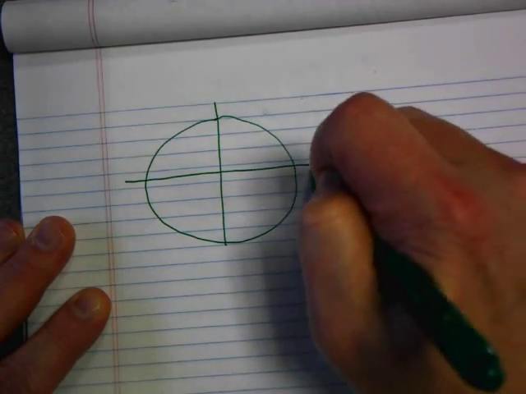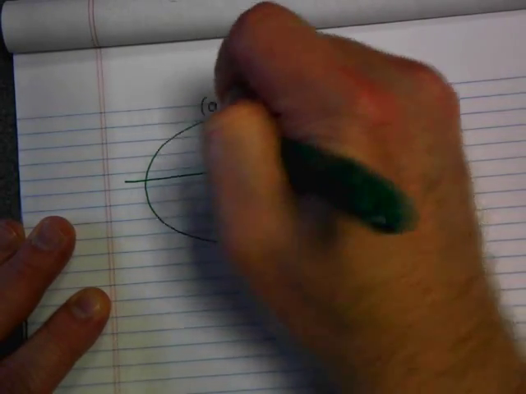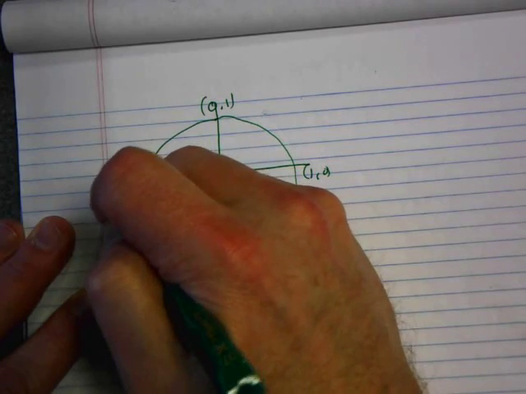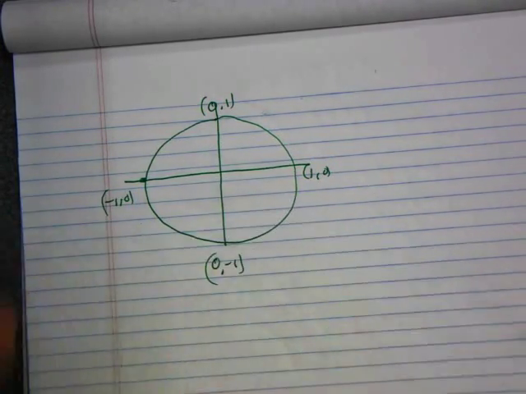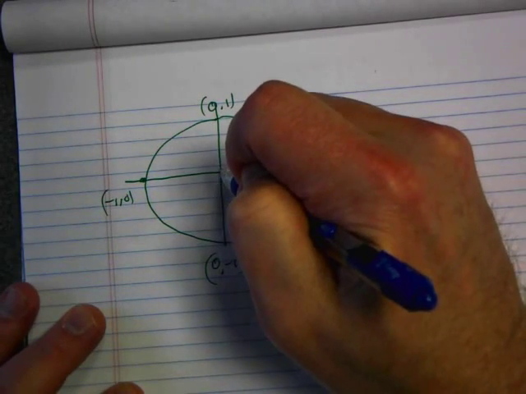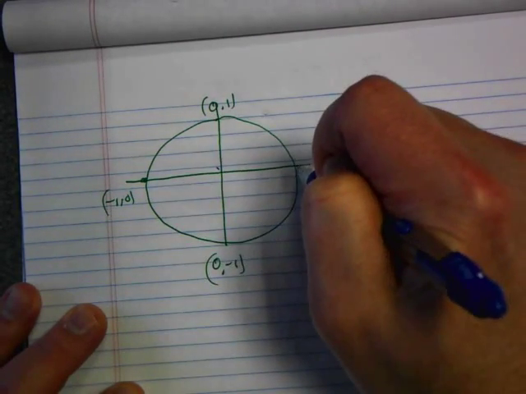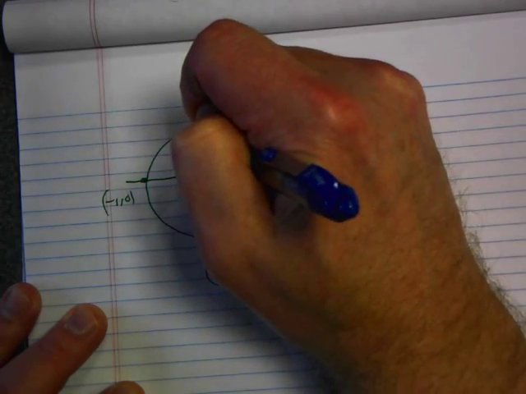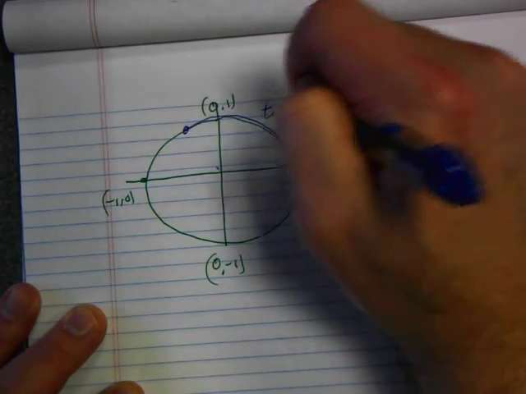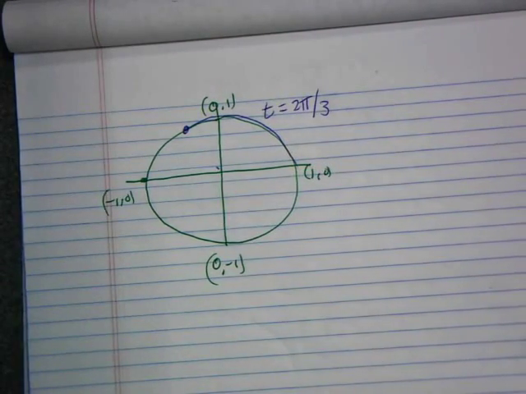So let me tear this one out because we need this picture here. I'm going to draw another arc length. I quit calling them angles. We'll eventually see that angles and arc lengths have a lot in common. All right, so there's my unit circle, and I do an arc length of t equals 2 pi over 3.